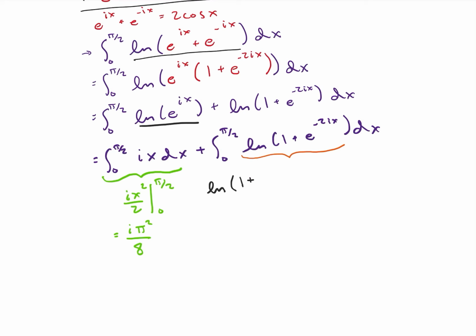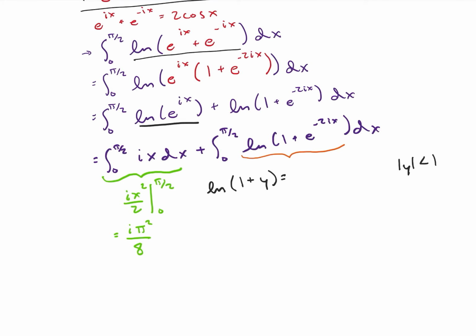If I have ln of 1 plus y, then there's a Taylor series expansion as long as the magnitude of y is less than 1, which it is in this case because I have e to the negative 2ix, as long as x is in that given range.